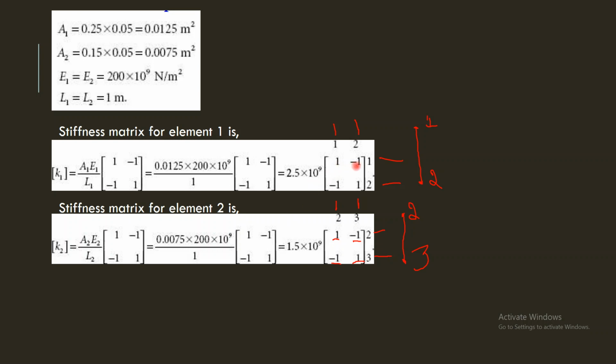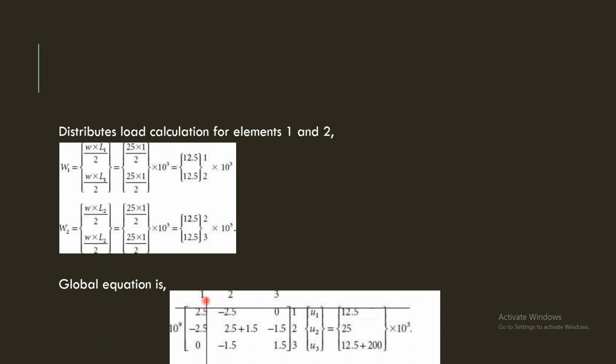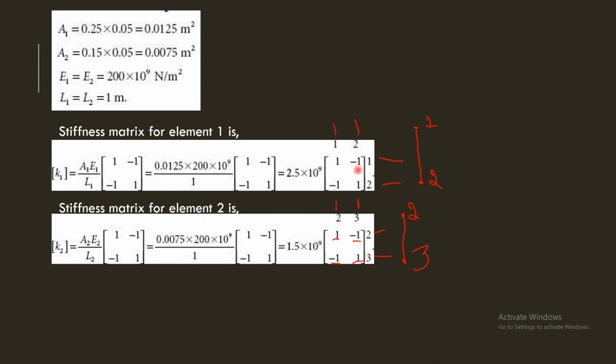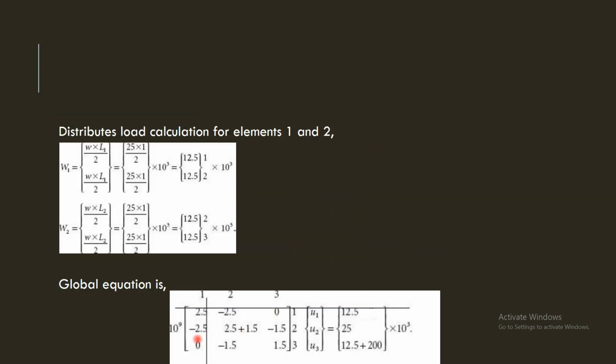It is 2.5, minus 2.5, minus 2.5, 2.5, 1.5, minus 1.5, minus 1.5, 1.5. From the first element I get only 2.5, that is 1 1, and minus 2.5 at 2 1. I don't have any 3 1 relation from both elements, so that's why it is 0. Since it is symmetric, the same value I copy here as well.